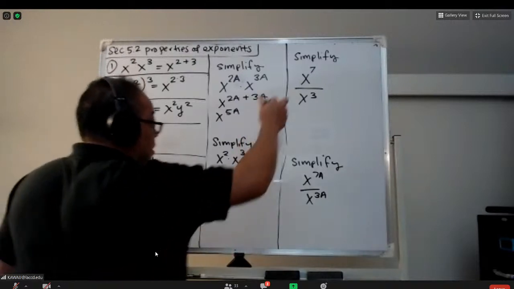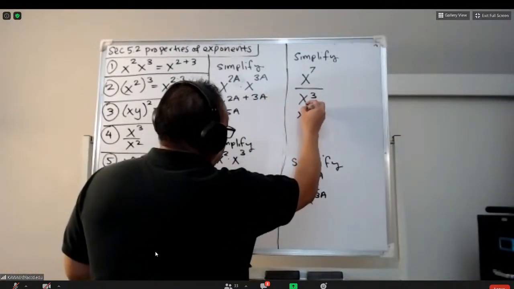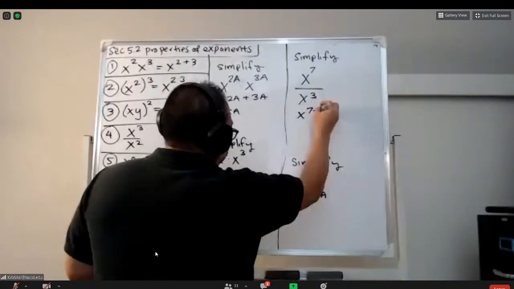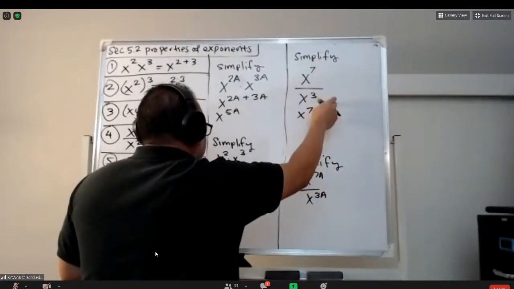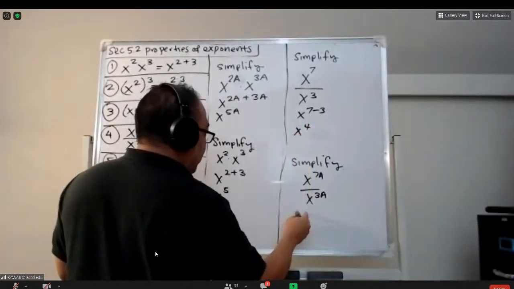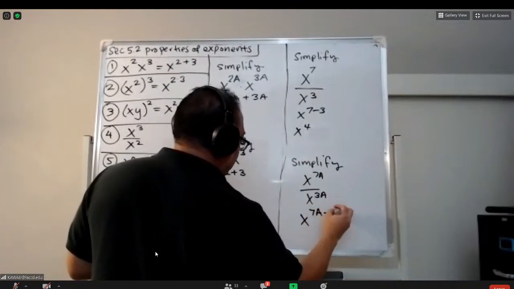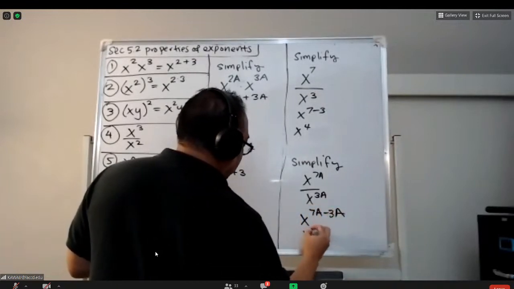So this is x to the 7 minus 3. So we're going top minus bottom. So that turns into x to the 4. And over here, we get the same thing. x to the 7a minus 3a is equal to x to the 4a.